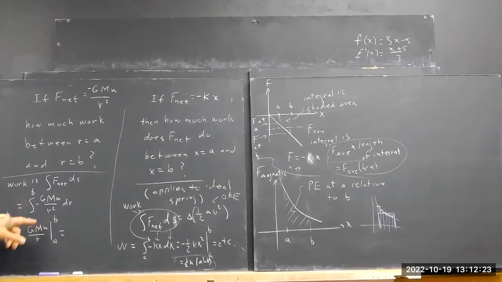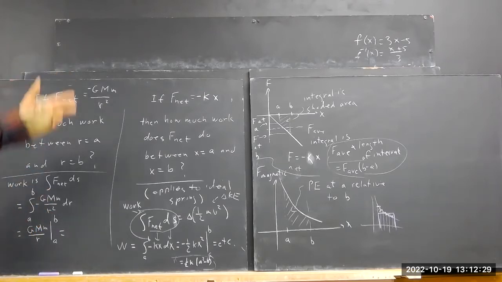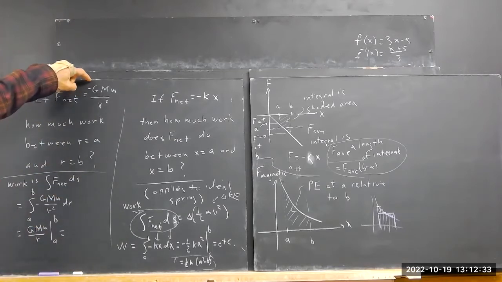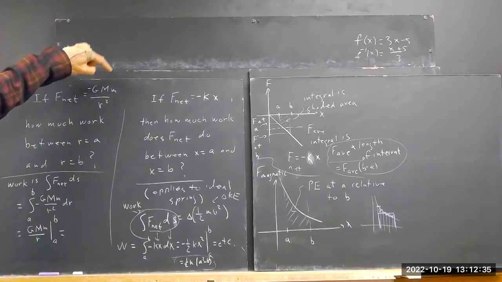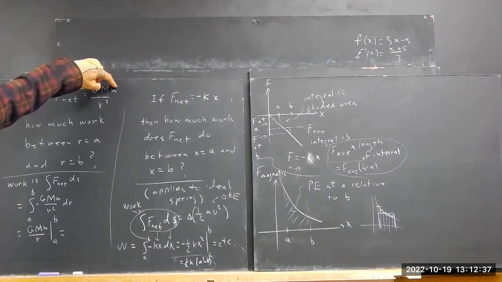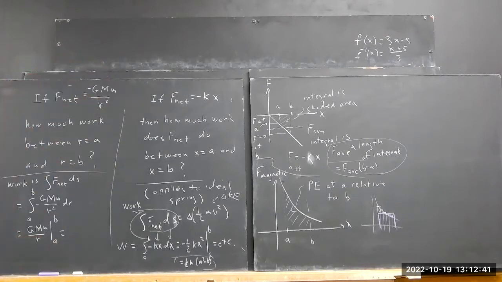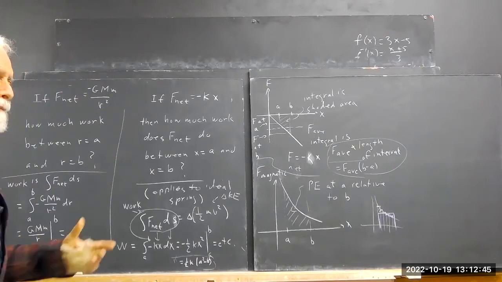Combined with that negative, you get just a 1 over r, and the GMm is just constant. I didn't specify that that was constant. I kind of talked about it earlier. G is the universal gravitational constant. This is the mass of the planet. This is the mass of the orbiting object.